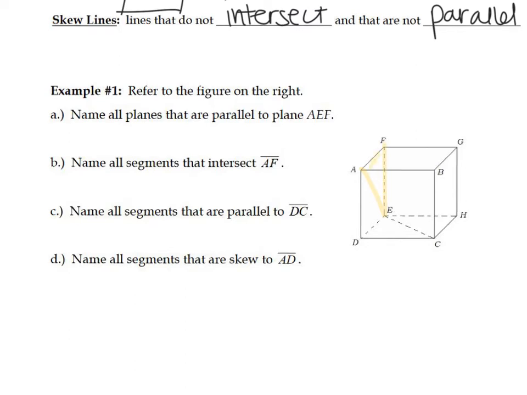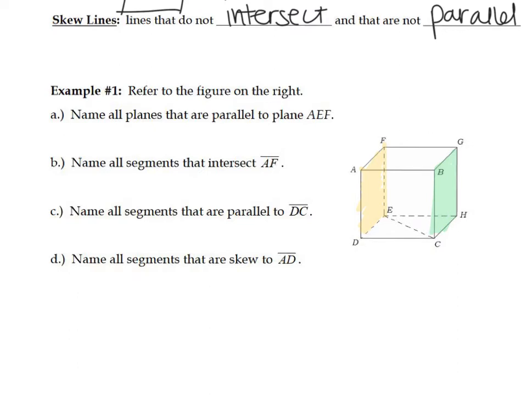So I'm basically talking about this plane right here, since it's the plane that contains all three of those points. So I want to find another plane that is parallel to it, so it doesn't intersect. The most obvious plane I can see is the one directly across from it. That is going to be the plane that is parallel to our plane AEF.